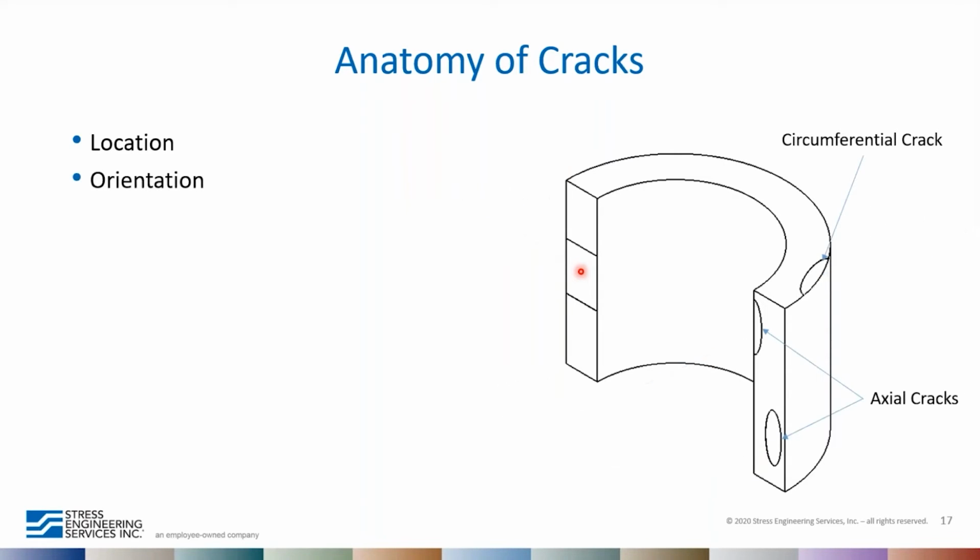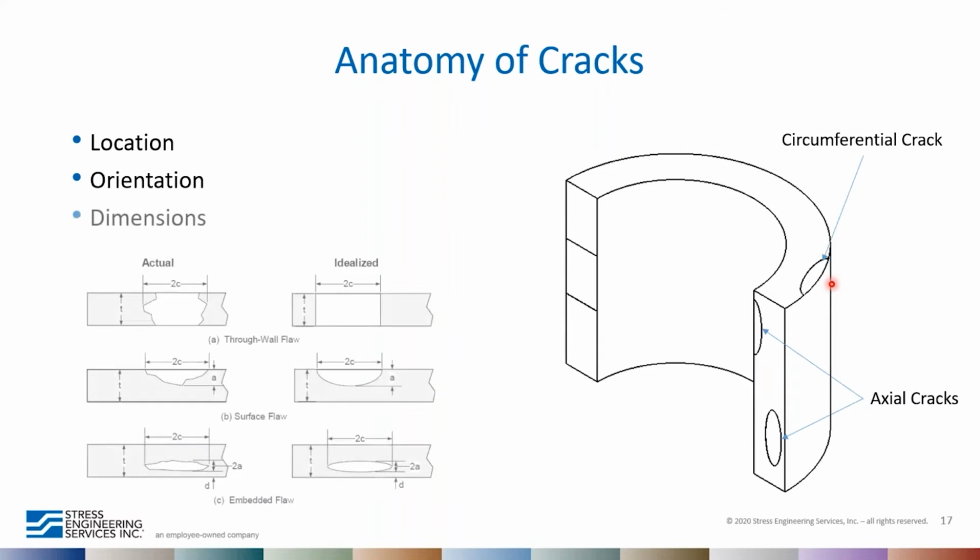We also think about the orientation of the crack. These two right here are axially oriented cracks, and these cracks are subject to loads occurring normal to the crack plane. In this case, that would be the hoop stress, whereas the circumferential cracks are subject to loads occurring axially in this component.